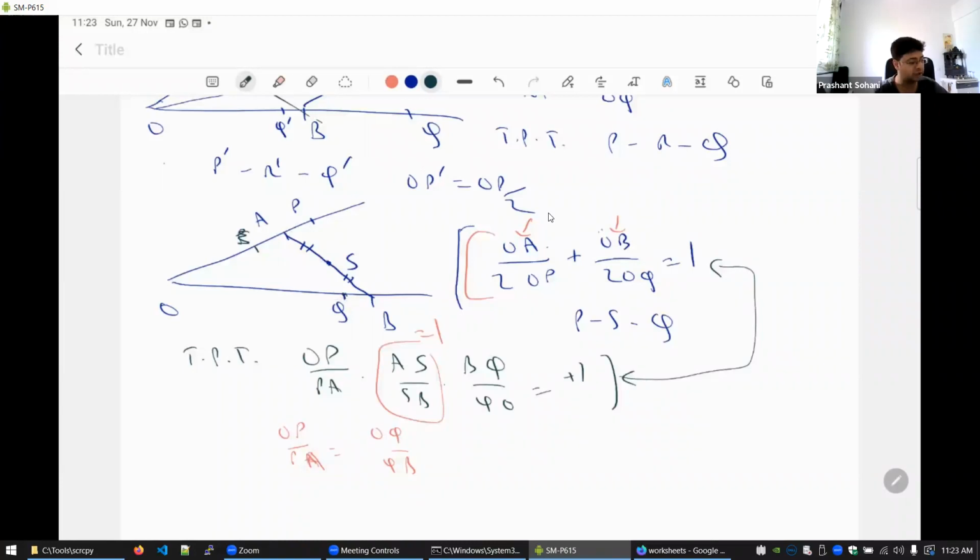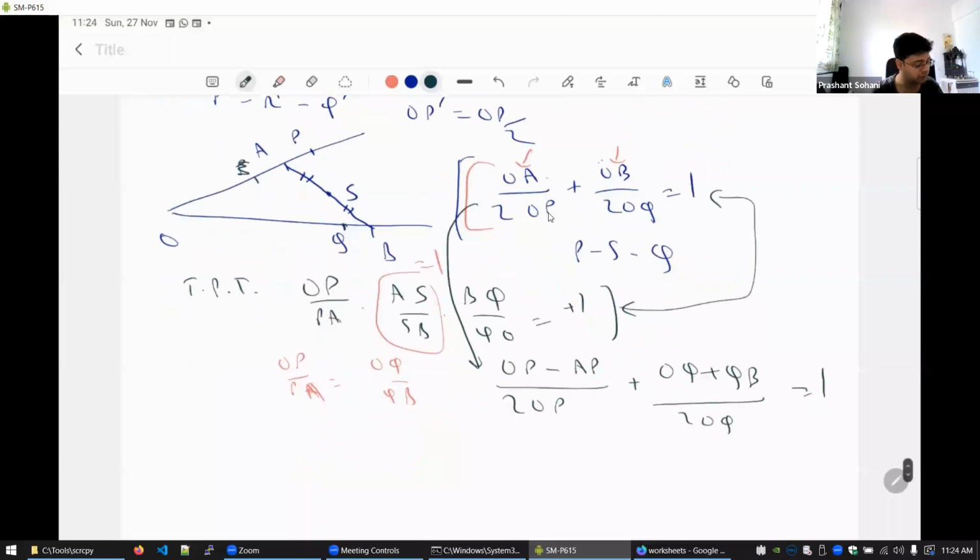And then now we can write OA as OP minus AP. So just rephrasing this term. And now OB will be OQ plus QB. And now I think from both sides, 1 copy of half will come out.